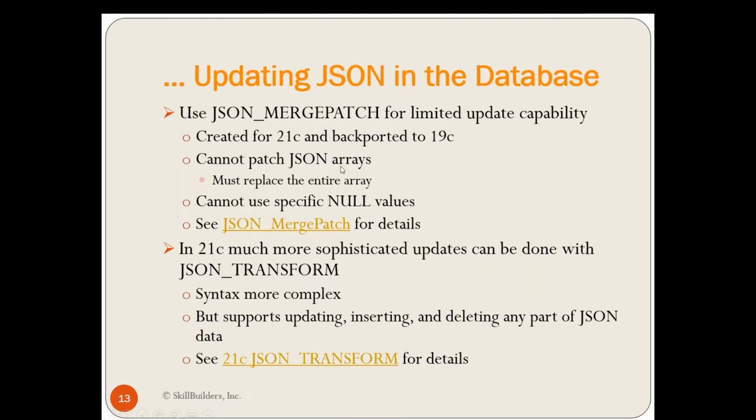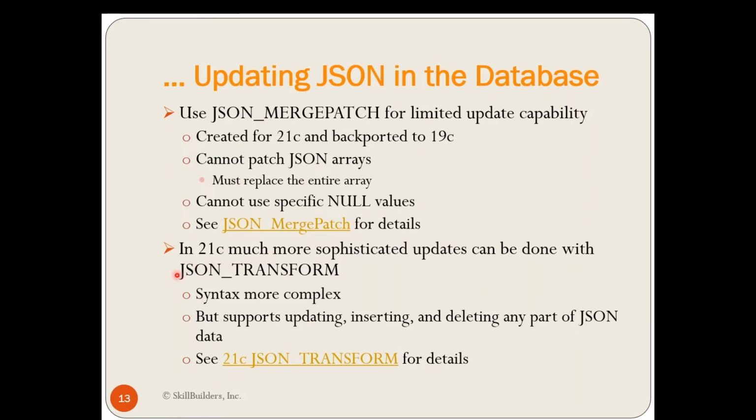Basically, you cannot patch a JSON array, and most of your data is often in JSON arrays. Well, if I can't patch a JSON array, what's the point? So JSON merge patch has limited capability for us, and you cannot use specific null values if you have to put nulls into it. The syntax for that is beyond where we're going to go today, but you can look that up.